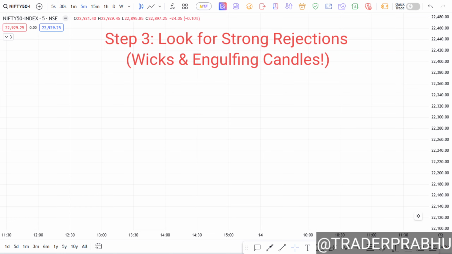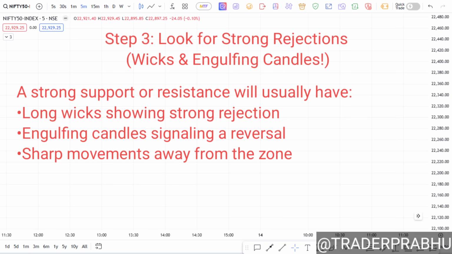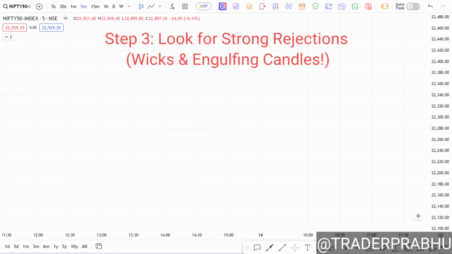Look for strong rejection. Step 3. Look for strong rejections. Wicks and engulfing candles. Alright, now let's talk about how to confirm a real zone. A strong support or resistance will usually have long wicks showing strong rejection, engulfing candles signaling a reversal, and sharp movements away from the zone.